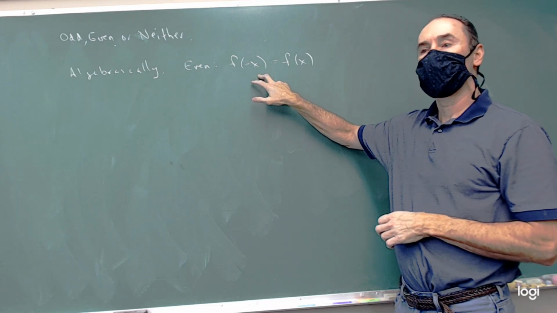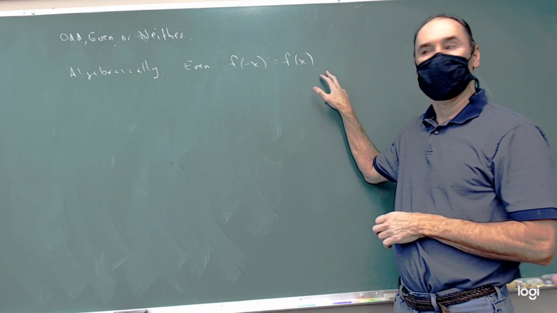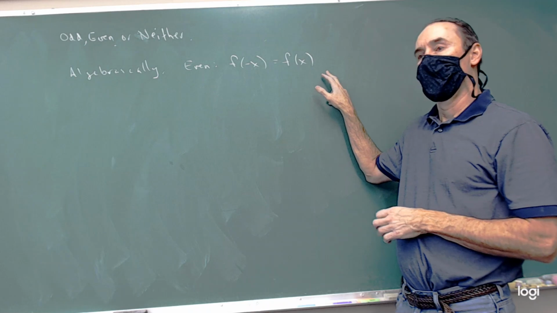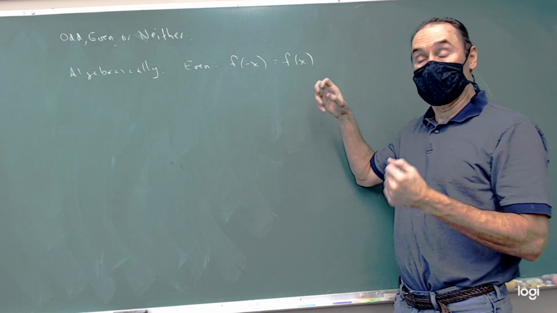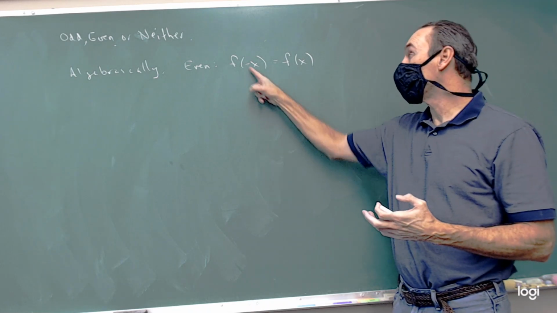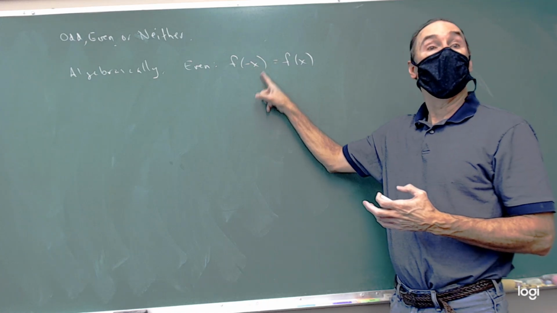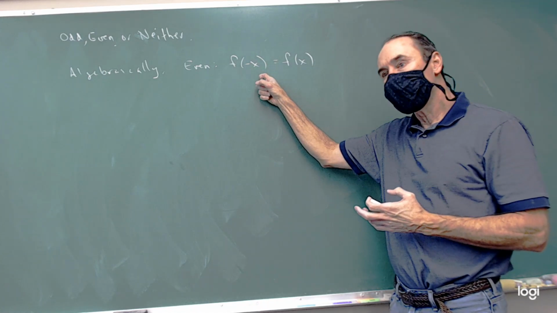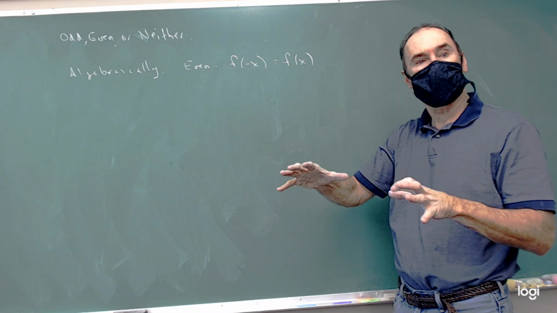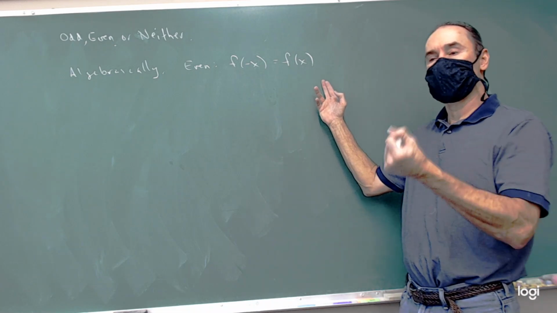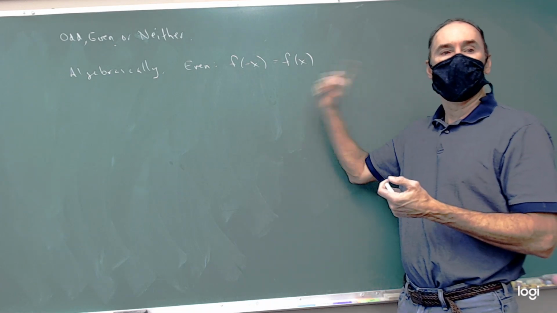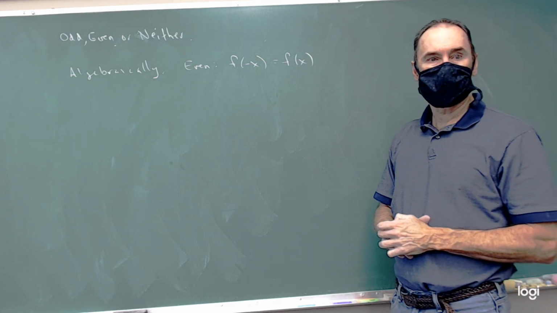Plug in -2, it's the same answer as you get when you plug in +2. But we're not going to show that with just plugging a specific number. We're going to show it by plugging in any or every number. So we'll plug -x in, we'll do whatever arithmetic. If that turns out to be exactly the same as the original, then we're going to say that that's an even function.